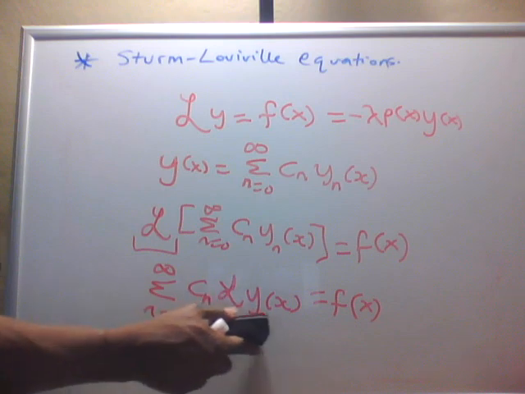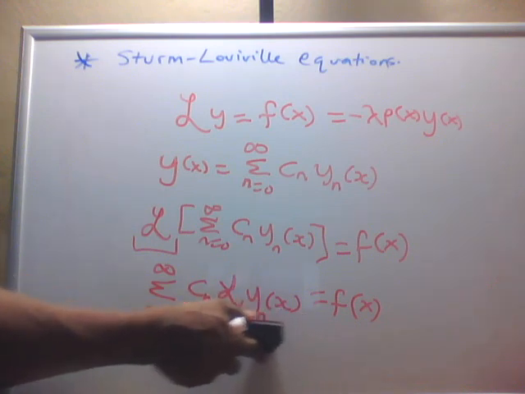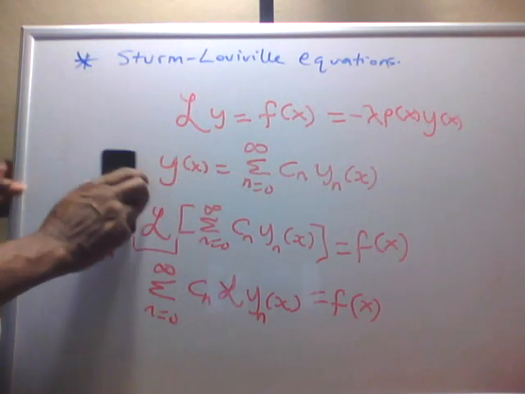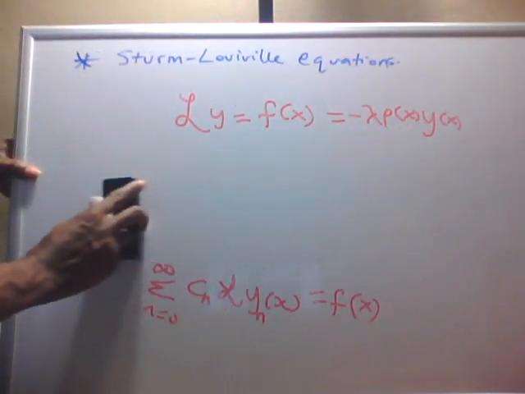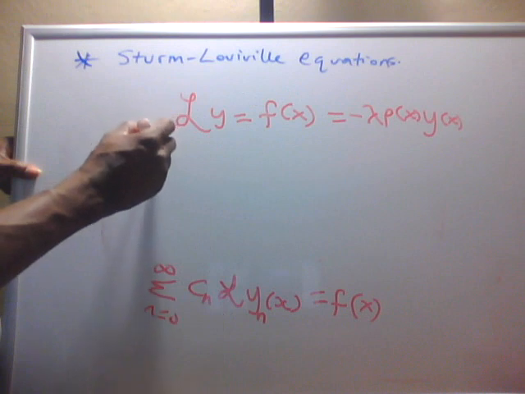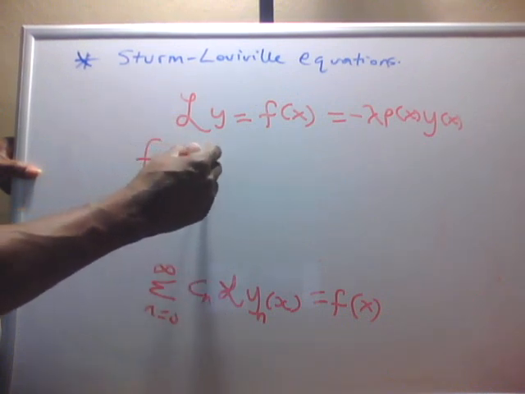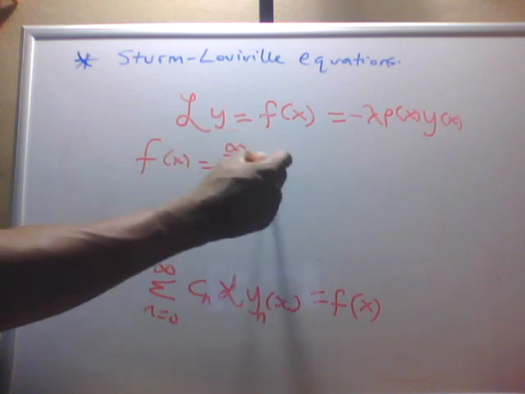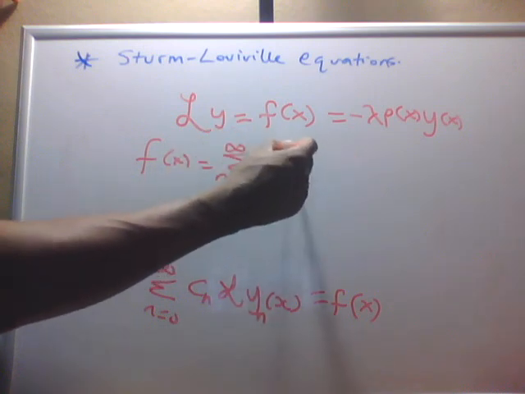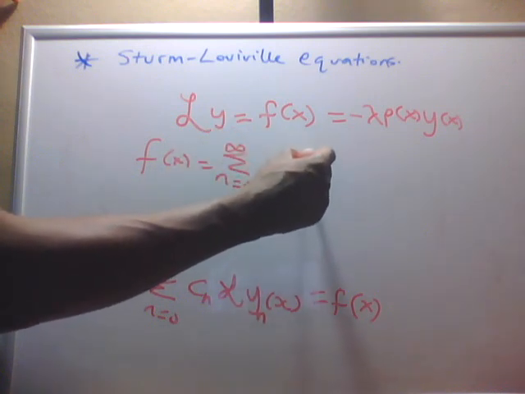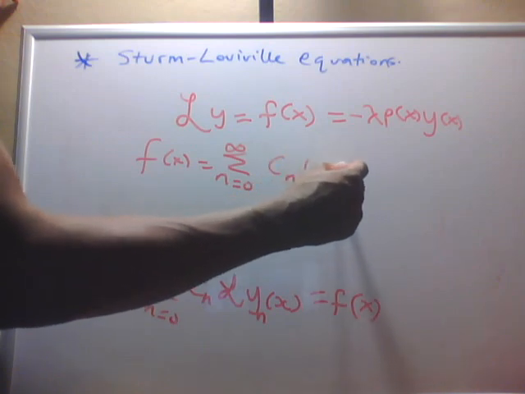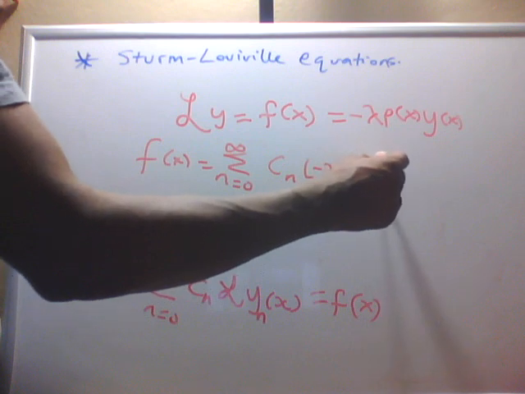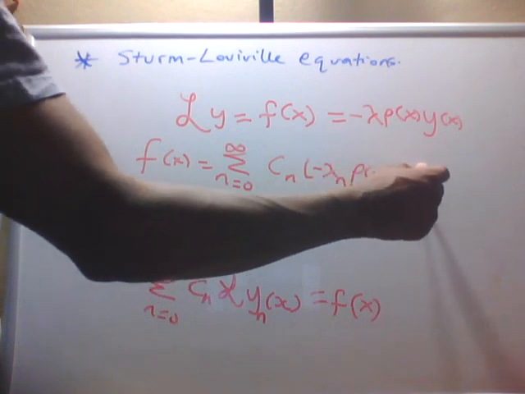And this L yn here is just this here, right? What that tells me is that I can expand my function f of x as the sum of Cn negative lambda n rho of x yn of x.